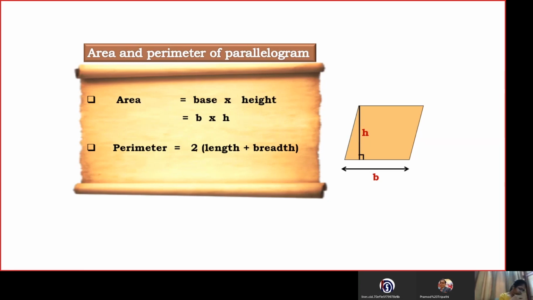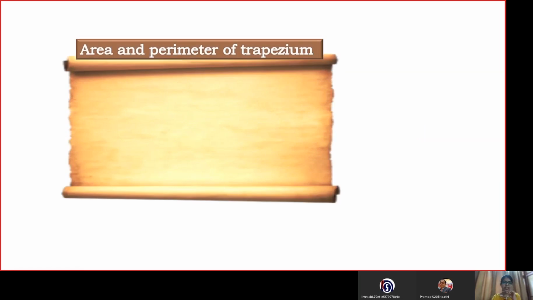Okay. Moving on. Area and perimeter of a trapezium. Now children, a trapezium is a figure which has one pair of opposite sides to be parallel. Can you see the pair of opposite sides which are parallel in the figure?